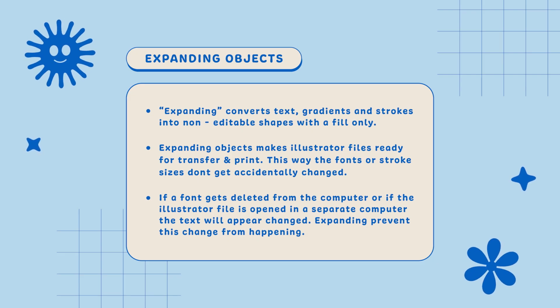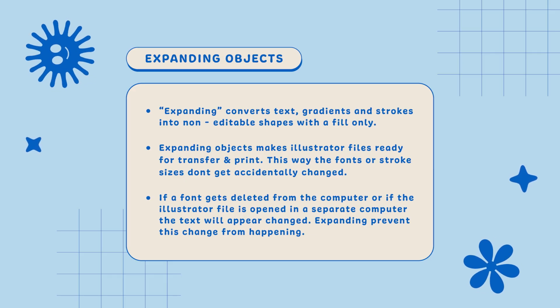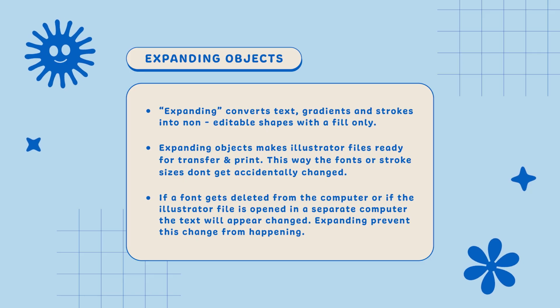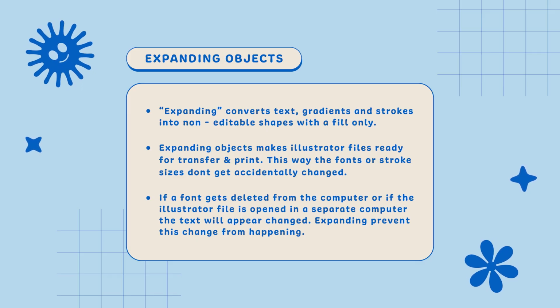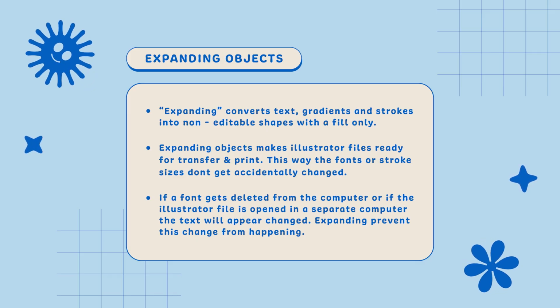So if your font accidentally gets deleted off your computer, or if you open the same file in a different computer, you don't need to install the font again. If text is not expanded, however, it will automatically change the font to whatever font is available. So make sure to expand all your text in a packaging design file.